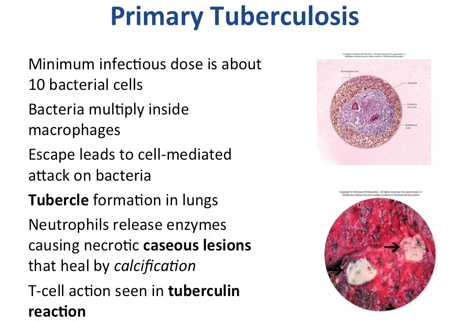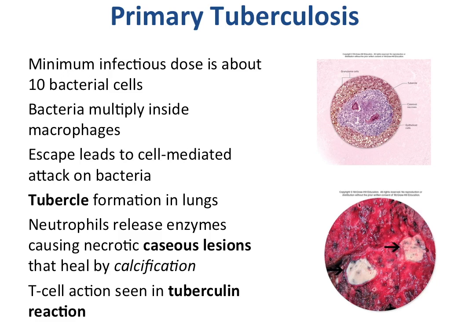Once the bacteria colonize the lung, they can cause tubercle formation. This is a necrotic caseous lesion, caseation, and then healed by calcification.